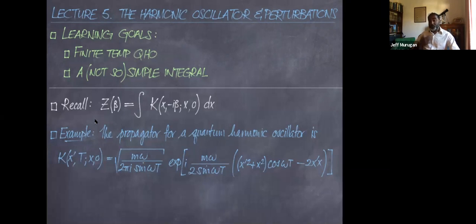Now we have a prescription for how to relate this to the partition function for the finite temperature oscillator. And that is, we set x prime equal to x and we set t equal to minus i beta.